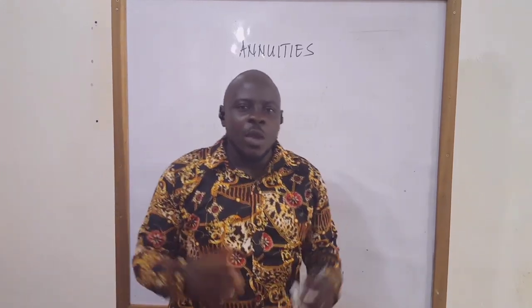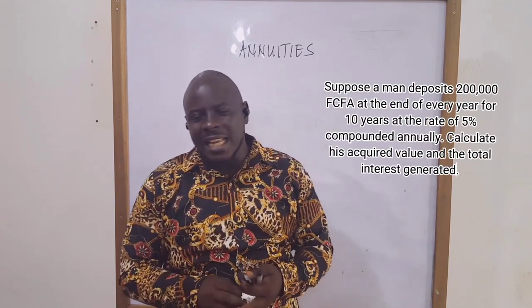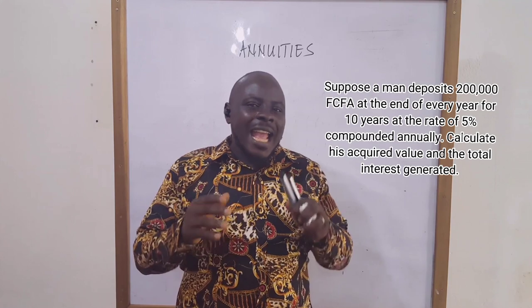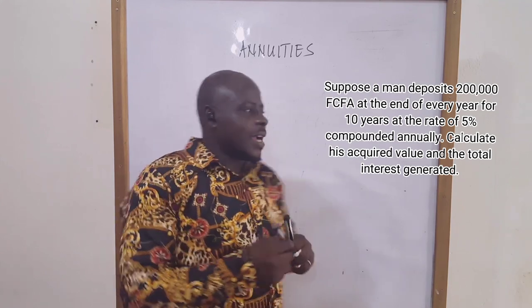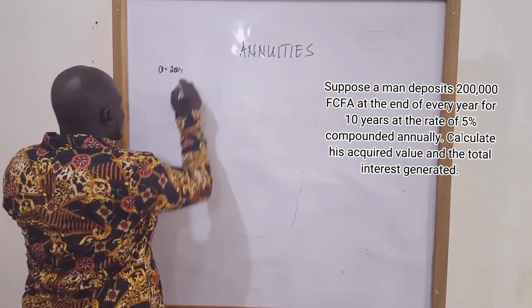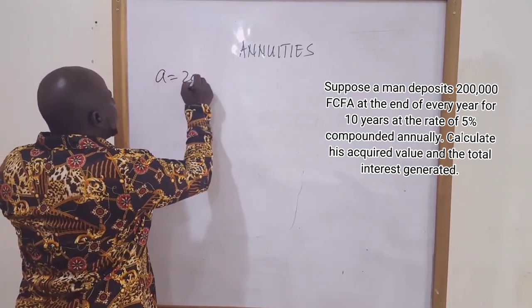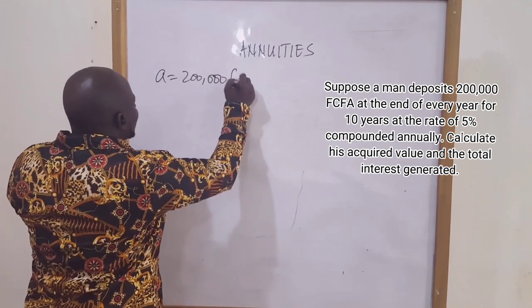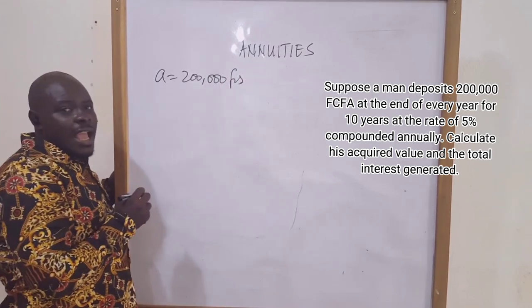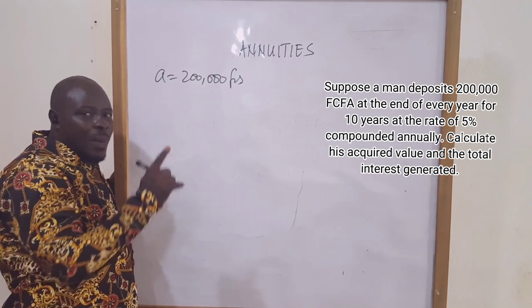Example number 1. Suppose a man deposits 200,000 francs in his account at the end of every year, right? So it means the constant annuity will be 200,000 francs, at the end of every year, at a compound interest rate of 5% compounded annually.